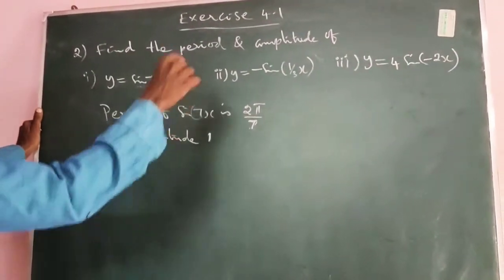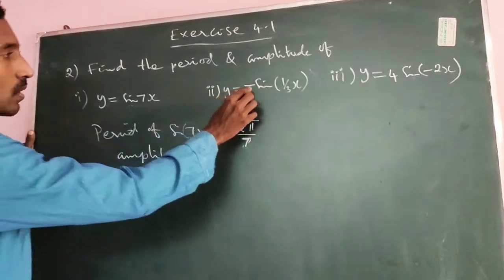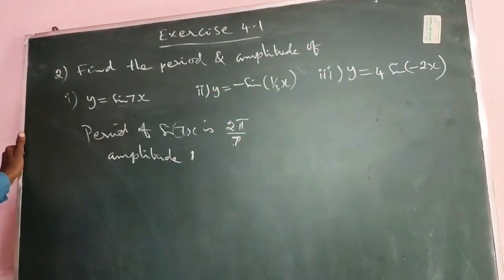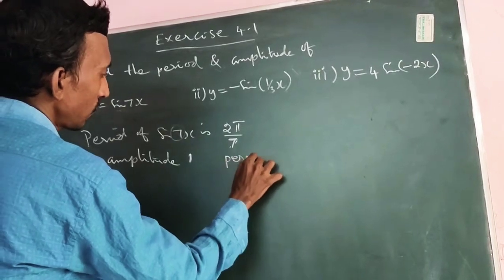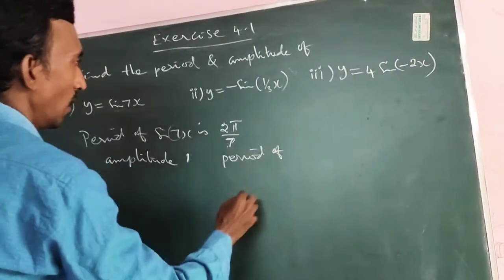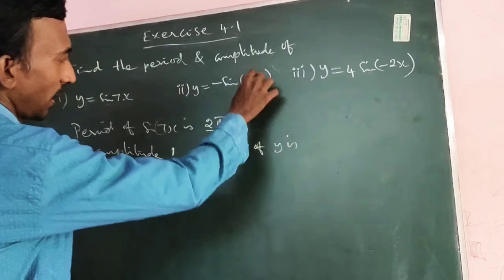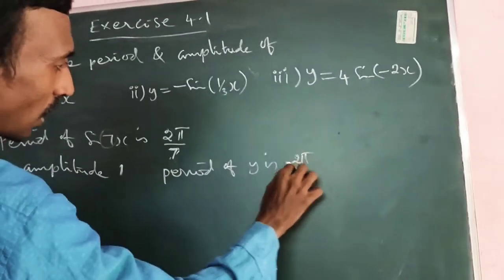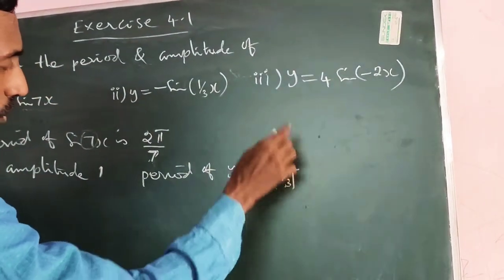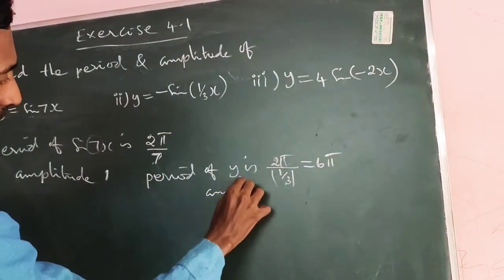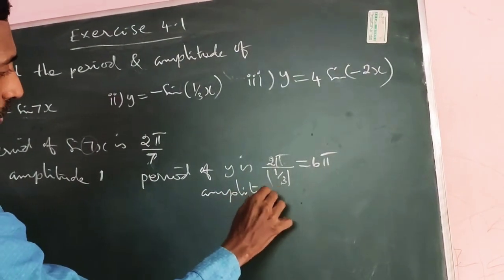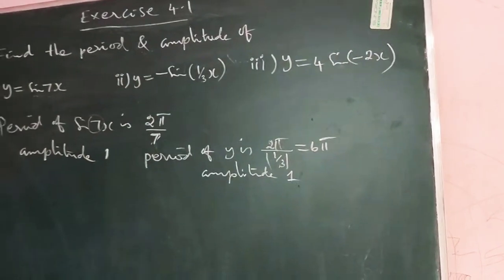Similarly, for the second subdivision, y equal to minus sin of 1 by 3 x, the period is again 2 pi by modulus of 1 by 3, so it goes to the numerator, so 6 pi. Obviously no change, the amplitude is 1.